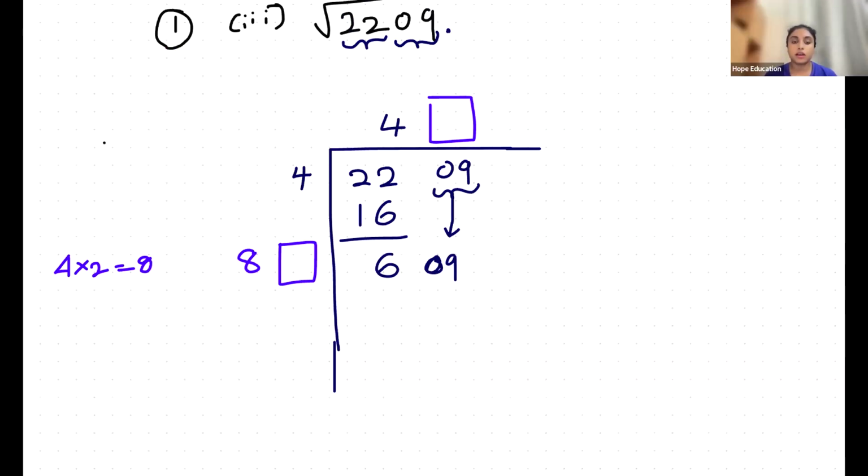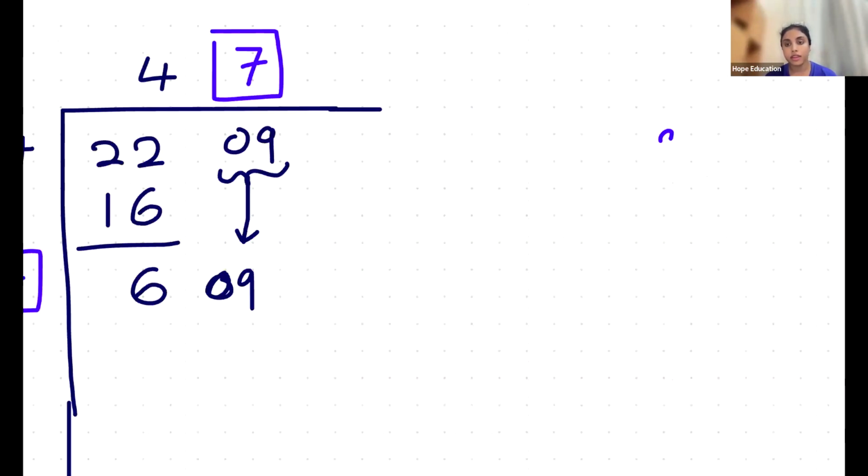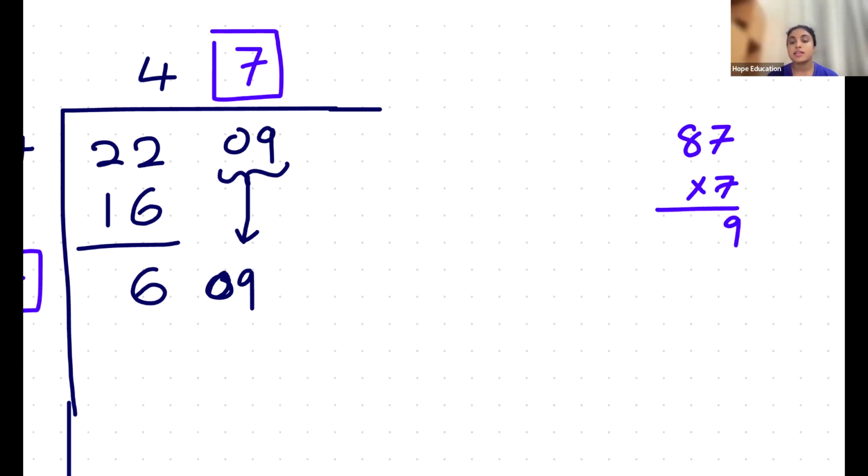If we put 0, 81 times 1 is 81, so it can't be 0. Since yours is 7, let's try 7 and see. So 87 times 7. 7 times 7 is 49. 9 I put here and 4 remaining. 7 times 8 is 56, 57, 58, 59, 60.